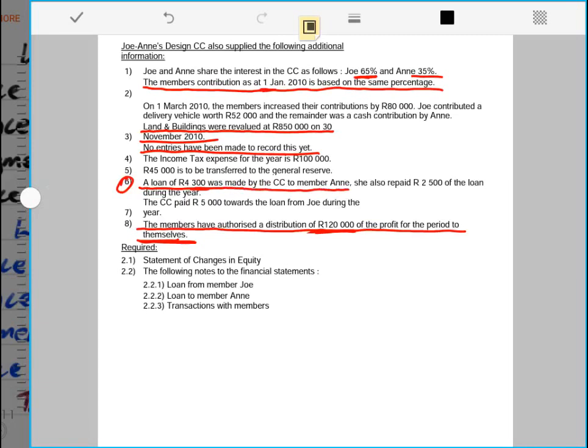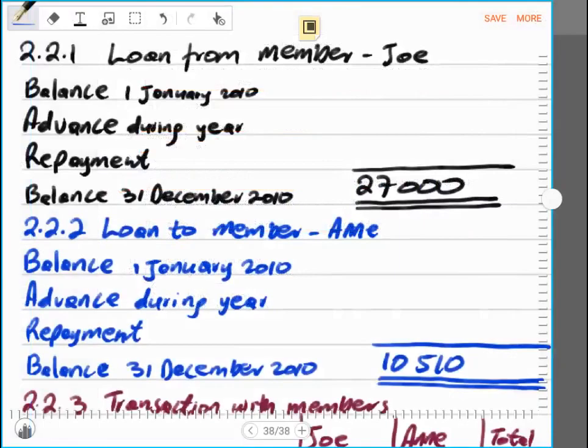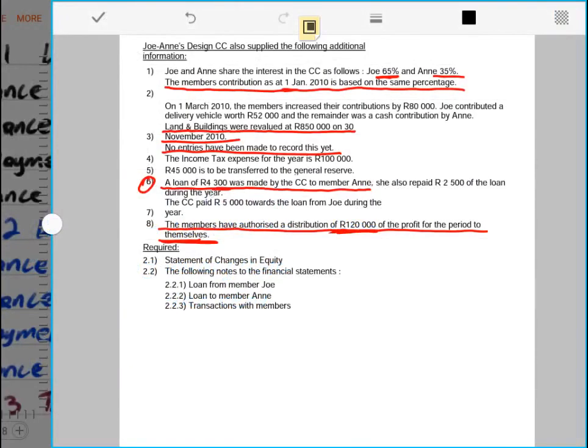So now that will be a loan advance of 4,300 rands. So now let me record that 4,300 rands immediately. So we record that 4,300, which is a loan that was given by the closed corporation to member N. Okay, 4,300 is to member N.